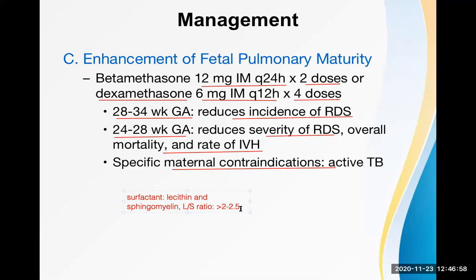If the fetal lungs are still immature, or if surfactant is not properly formed, the LS ratio is lower than that. So betamethasone and dexamethasone will help in earlier maturity and development of the surfactant, so that the baby will not have any problem after birth. Let's move on.